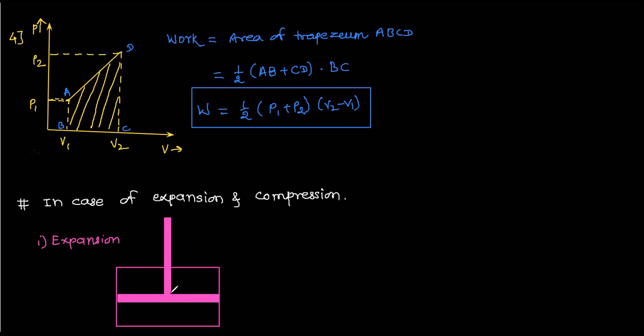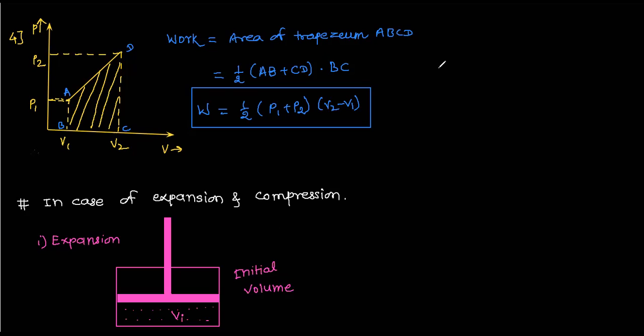Now here is a gas. Gas is here in this piston, and this is what? Initial volume. After some time what happens? Initial volume, this is Vi.